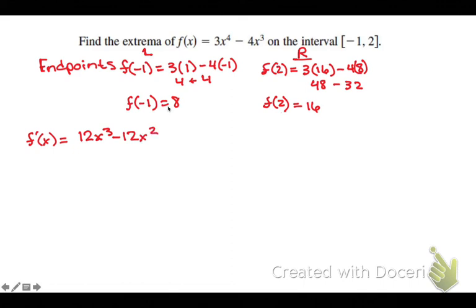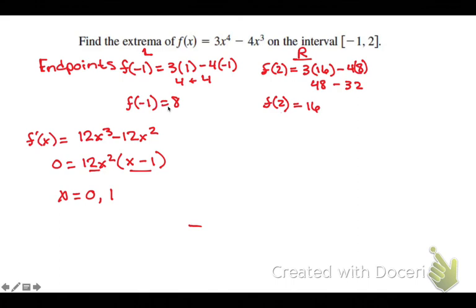Then it said set it equal to 0 to find your critical numbers. So 0 equals 12x cubed minus 12x squared. Factor out 12x squared. That leaves me with x minus 1. So I set both of these factors equal to 0, and I get x equals 0 and 1.